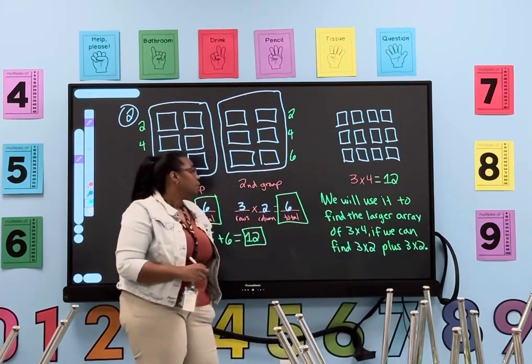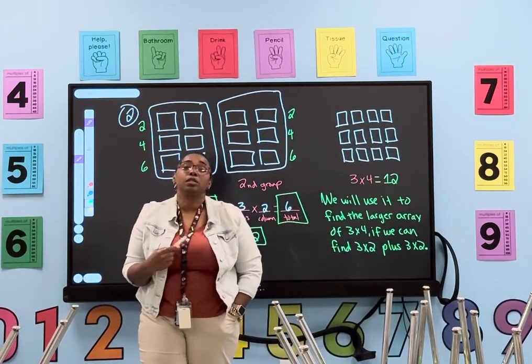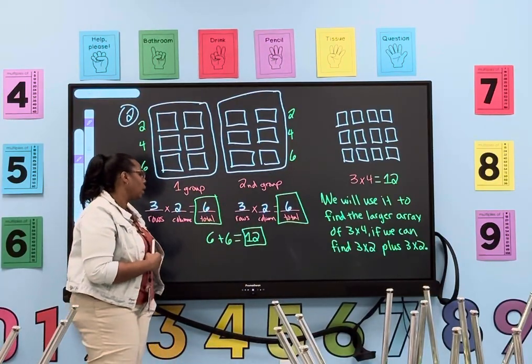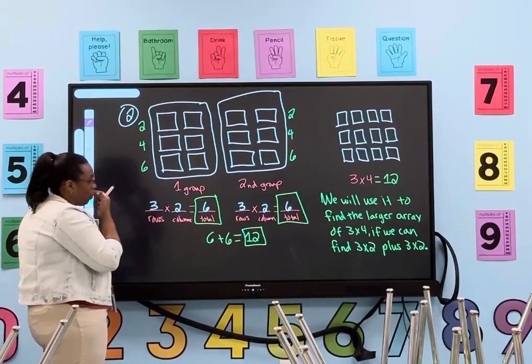Okay, so we can find 3 times 2 plus 3 times 2, then that will help us to find the larger array of 3 times 4.